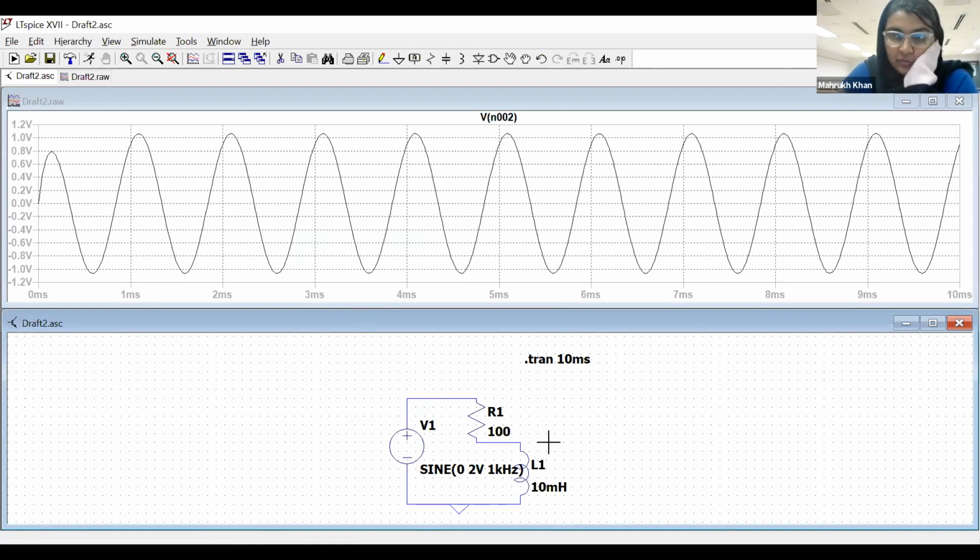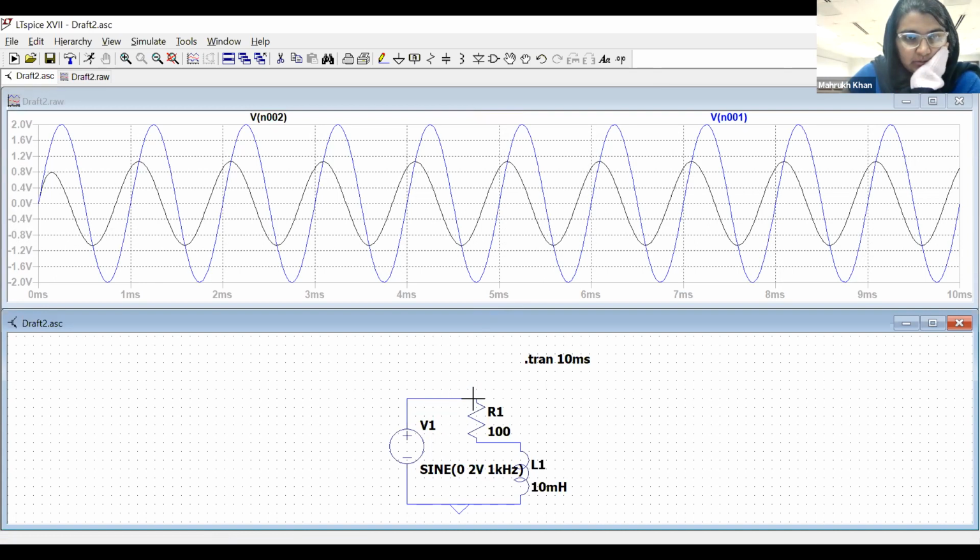So I need to select a voltage that will give me 4 volts peak to peak. Okay, so which means I have to increase input voltage. So that's your inductor. And let's see what else we have to see. Voltage across resistor. So this is your voltage across resistor.